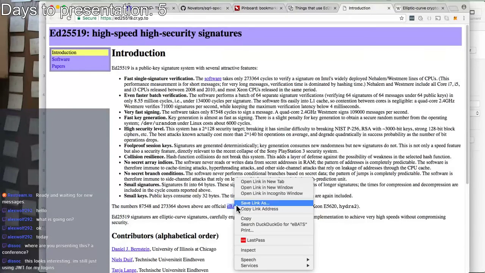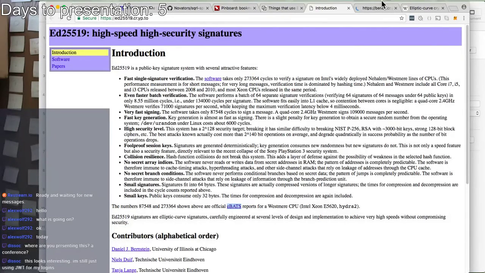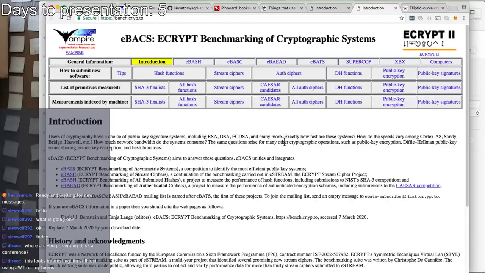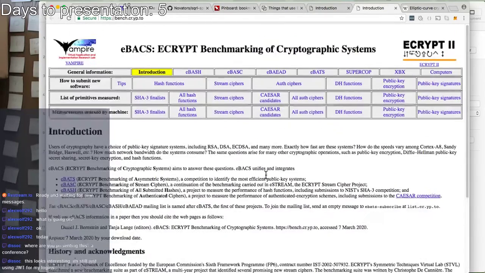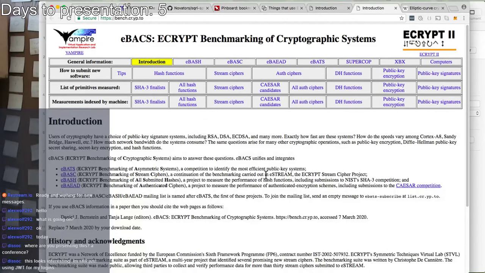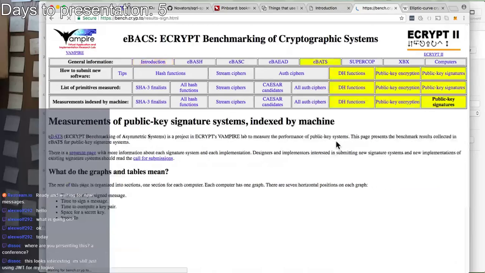Oh, bench.crypto. Crypto benchmark. Couple of key signatures.